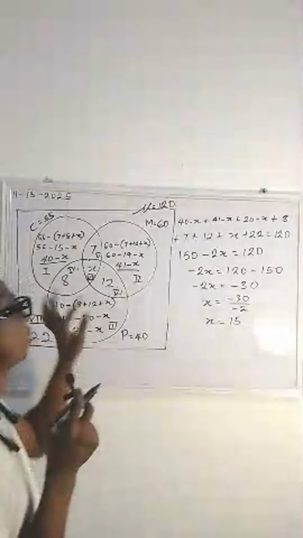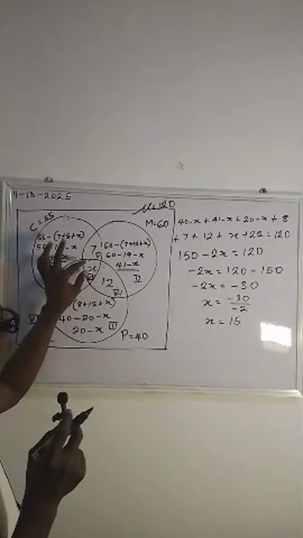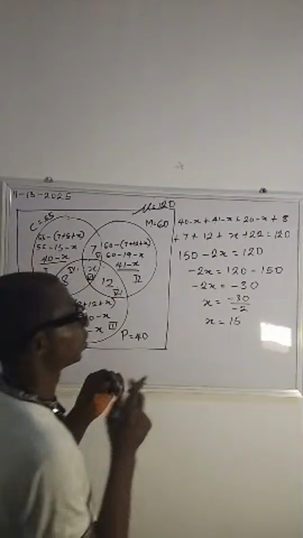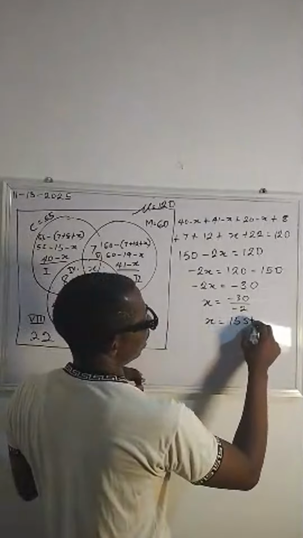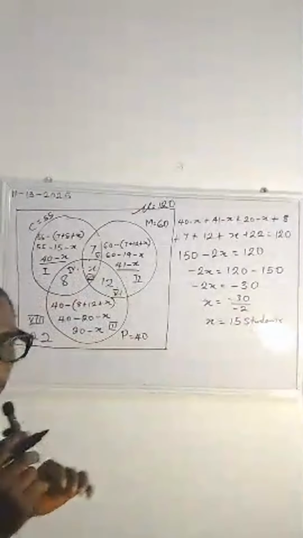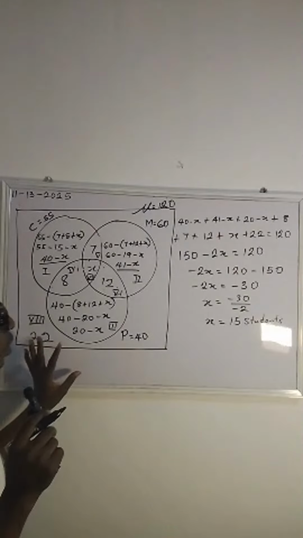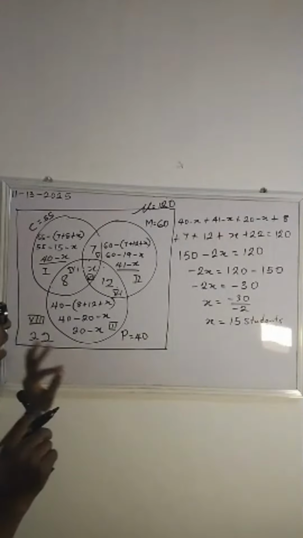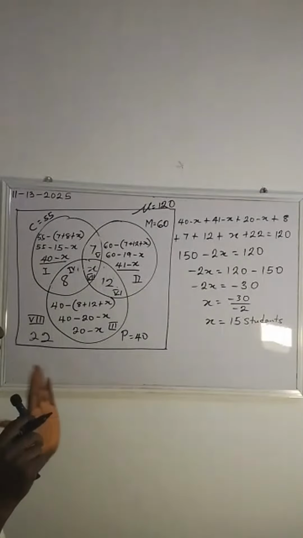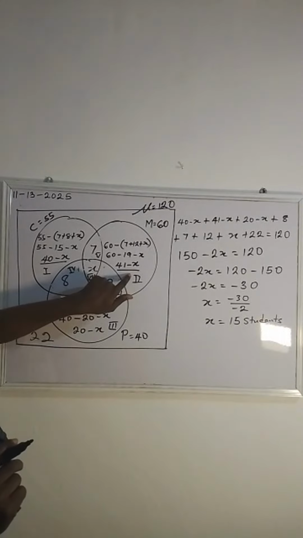Don't forget, x represents the set of students who study the 3 subjects. So this must carry students. Now the question wants us to get the number of those that study mathematics only. So you come here and look at mathematics only.